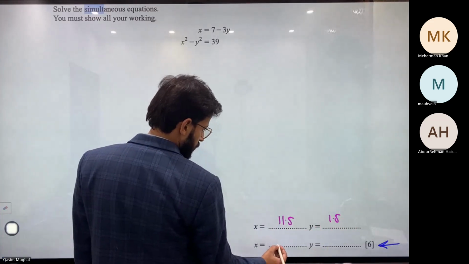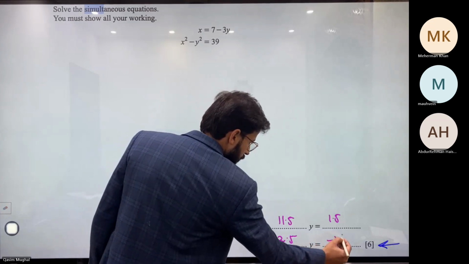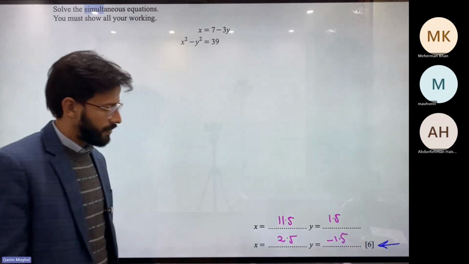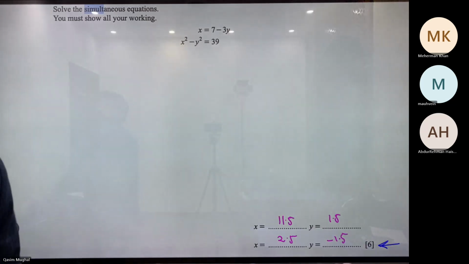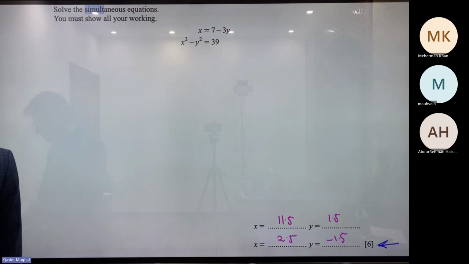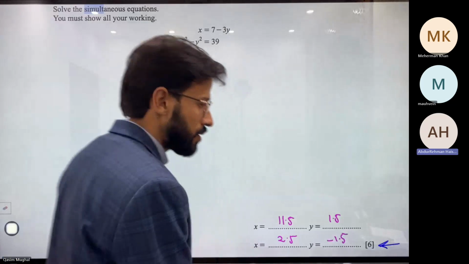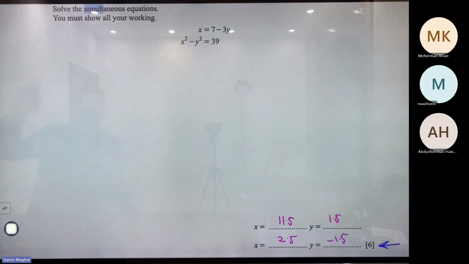And x is 2.5 and y is negative 1.5. All right. So let's see, any other student who's able to do this question? Abdurrahman? Are you getting the same answer? Okay, let's solve this.